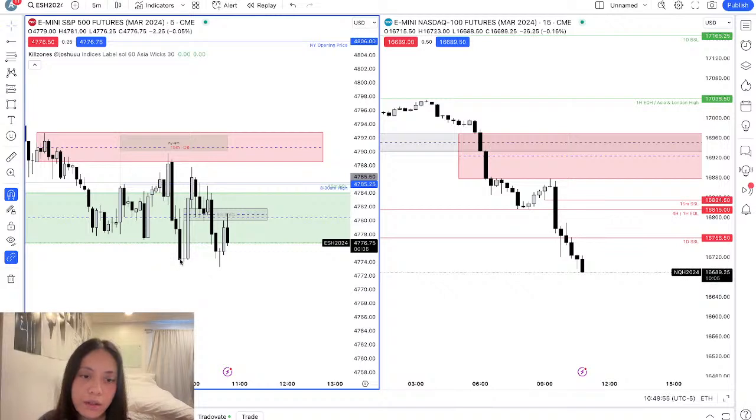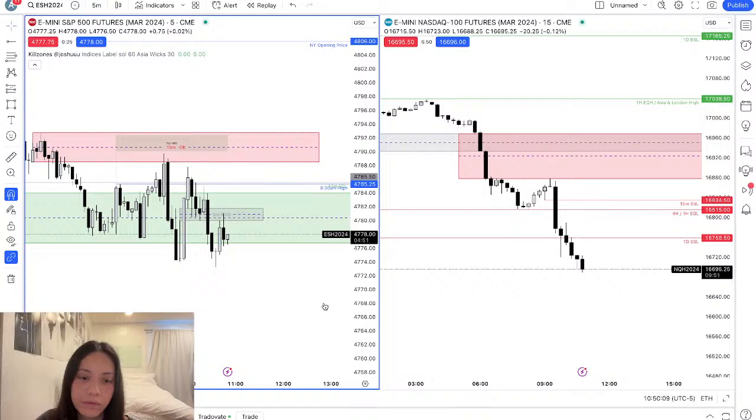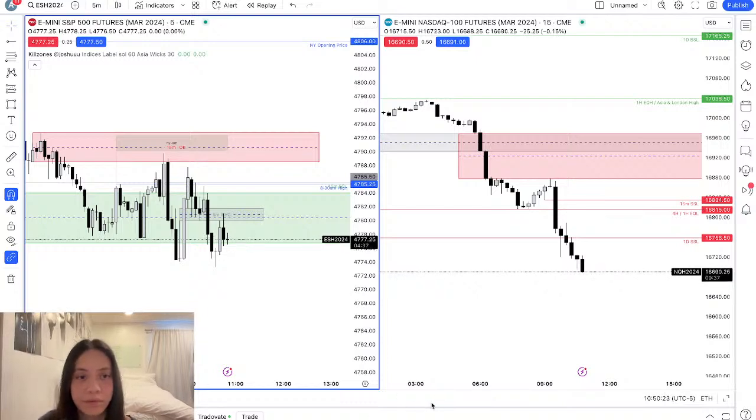Looks like we're still headed down. This entry looks the best on NQ.